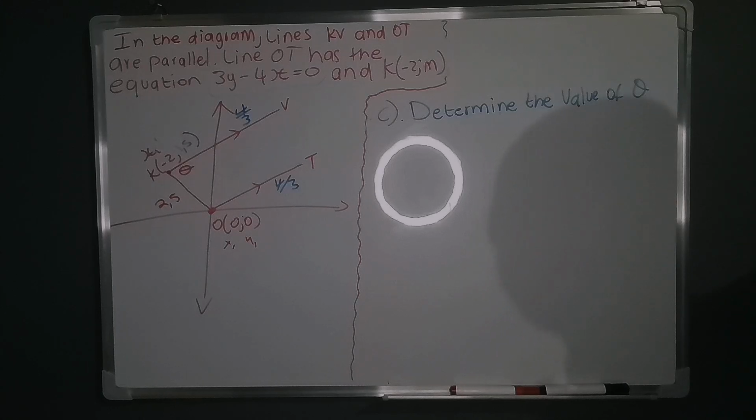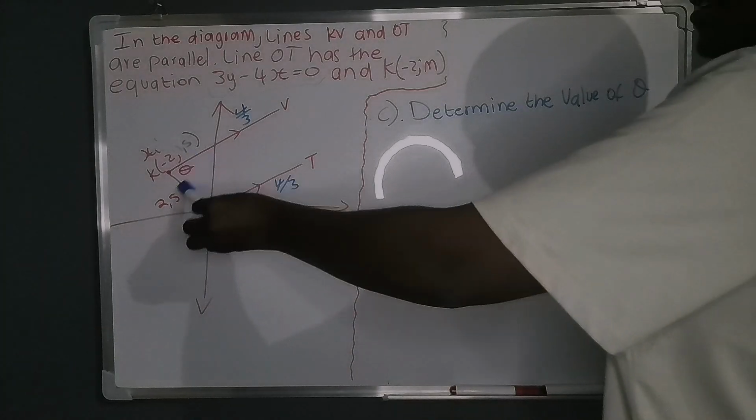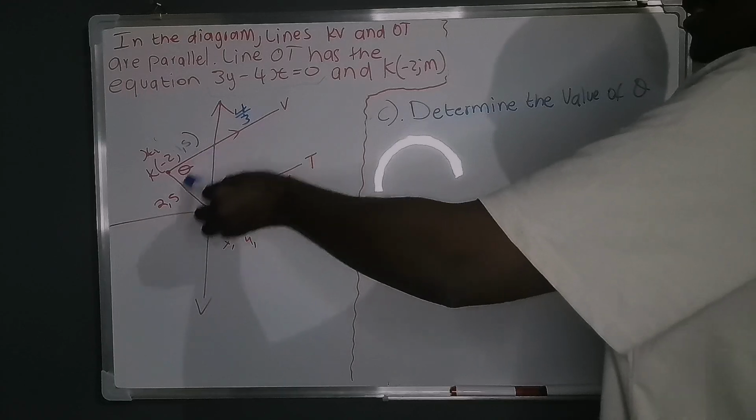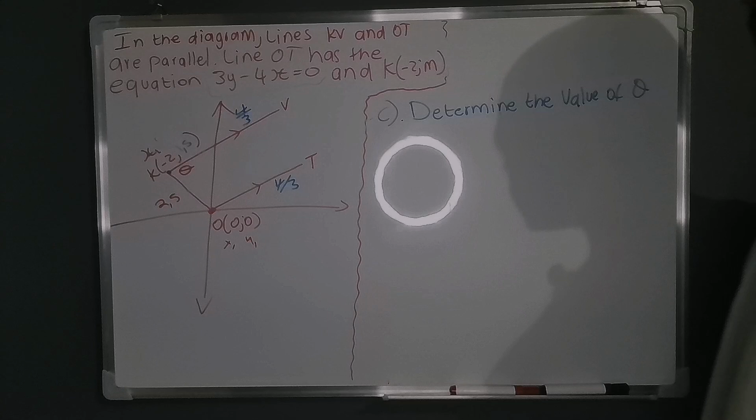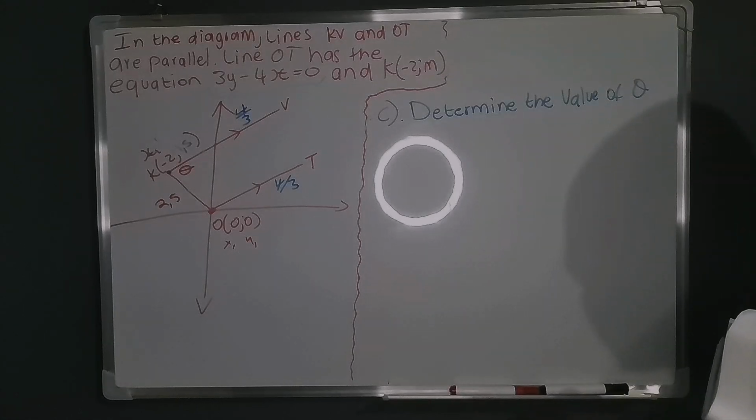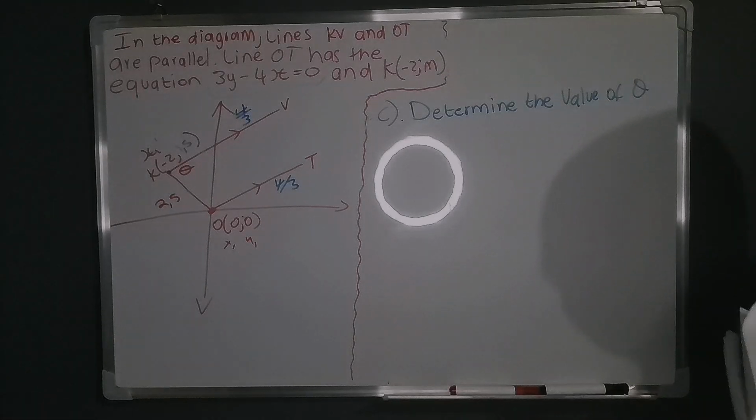Where is theta? Theta is this angle here. Now, theta is not on an incline. So if theta is not on an incline, how are we gonna find theta?